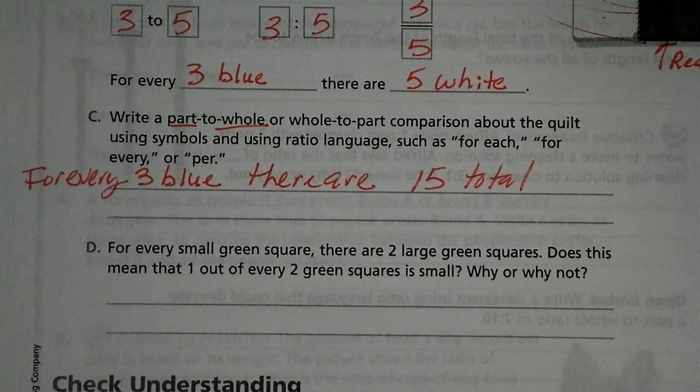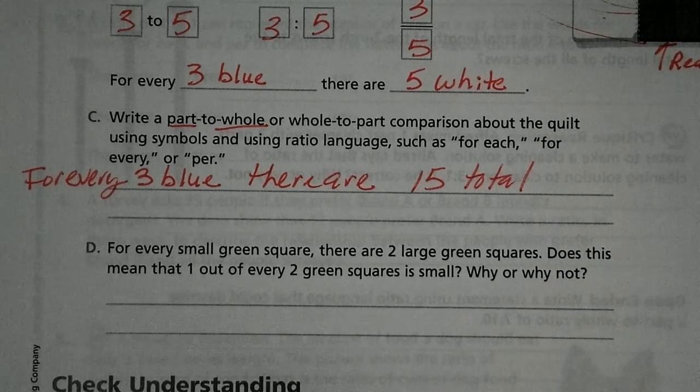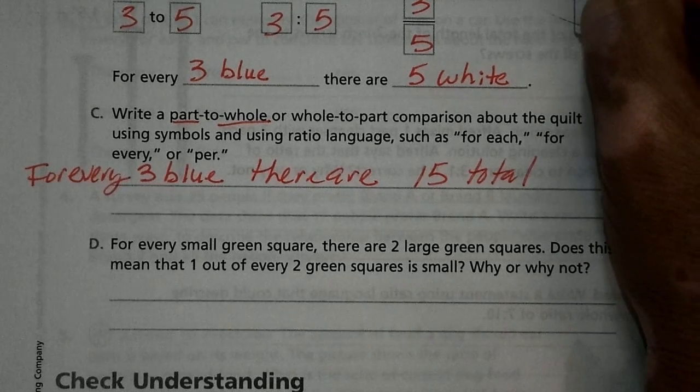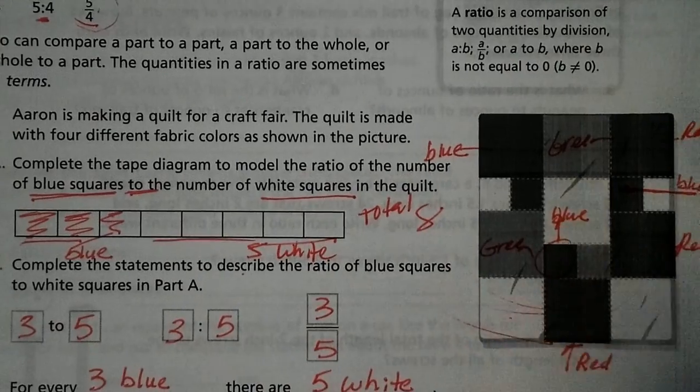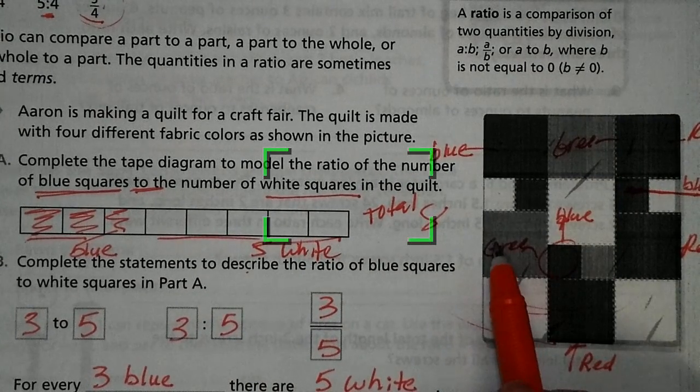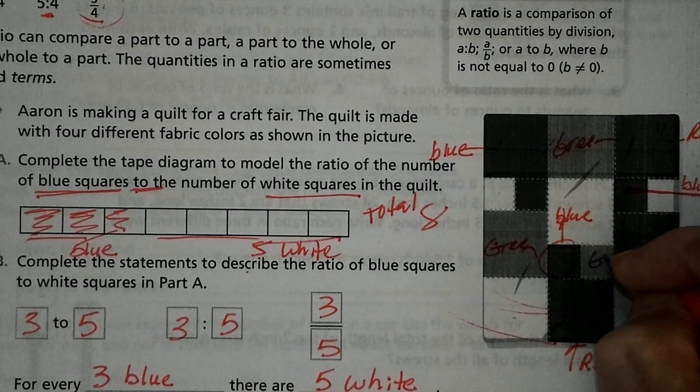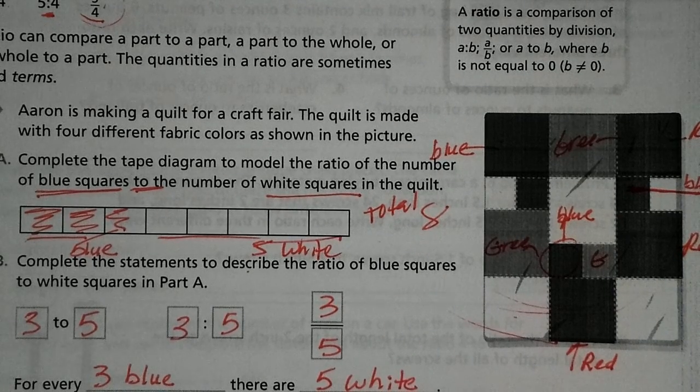It says for every small green, there are 2 large. So is that right? This one is green, this one is green. You can't see that, sorry. So green, green, and green.